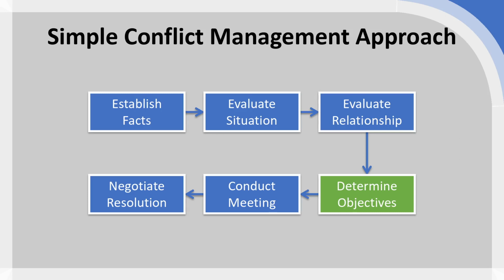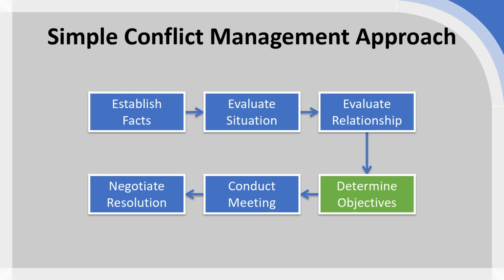So your behavior and your objectives should be logically based upon the factual information of what happened. They should be based on your evaluation of the immediate situation, but also your evaluation of the overall relationship as well as the relationship over the duration of the contract. Those should all feed into having set objectives.